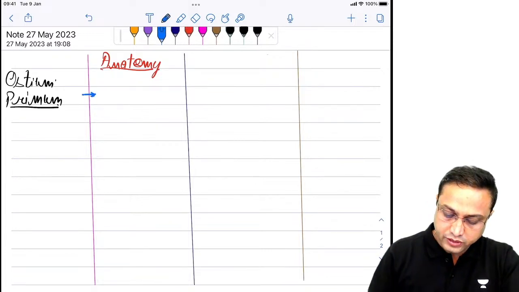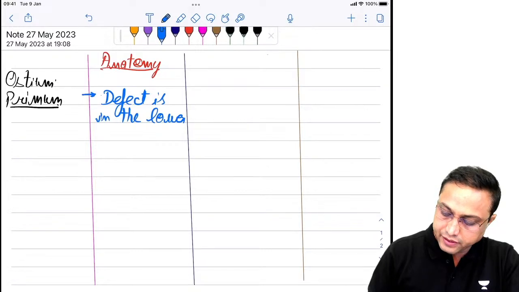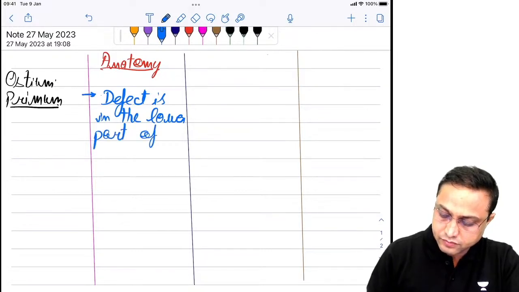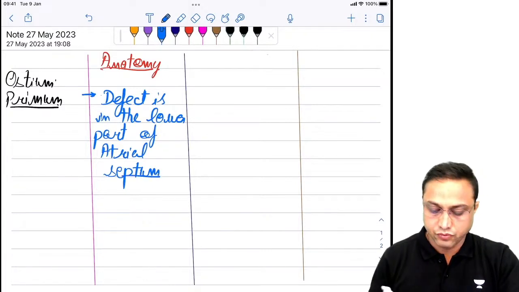The defect is in the lower part of the atrial septum.